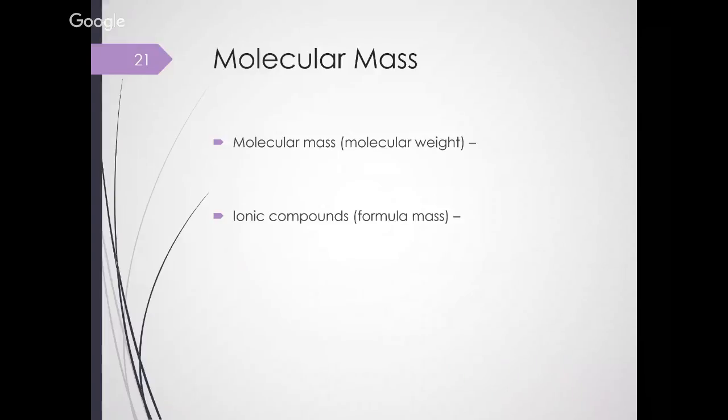For an ionic compound, we call this a formula mass because we know in ionic compounds we have repeating units of positives and negatives. So we're just looking at that simplest formula, that empirical formula. But once again, all we're doing is I look at the periodic table, I find my element, I look at the mass, however many of those atoms I have, I add up all the masses, and that gives me my molecular mass.